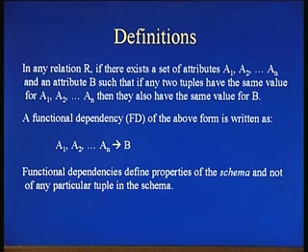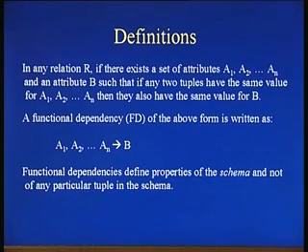The definition reads: in any relation R, if there exists a set of attributes A1 to AN and an attribute B, such that if any tuples in the relation have the same value for A1 to AN, then they also have the same value for B. So essentially this is a formal way of saying that this set of attributes A1 to AN uniquely determines the value of B. That means if two or more tuples have the same value of A1 to AN, they should have the same value of B, they can't have different values of B, because these sets of attributes A1 to AN uniquely determine the value of B.